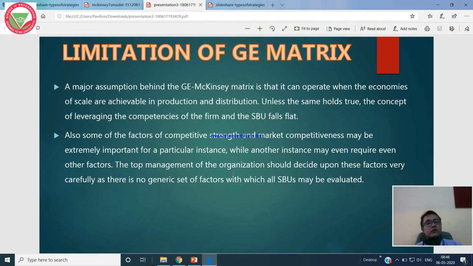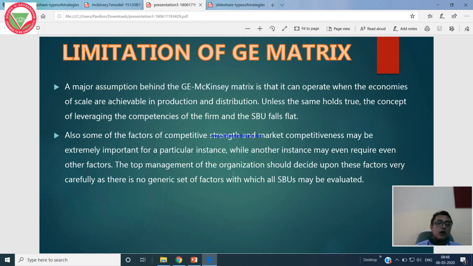As a coin has two sides, similarly the GE matrix does possess certain limitations. The first is that the major assumption behind the GE or McKinsey matrix is that it can operate when economies of scale are achievable in production and distribution. Unless that holds true, the concept of leveraging the competency of the company or SBU falls flat.